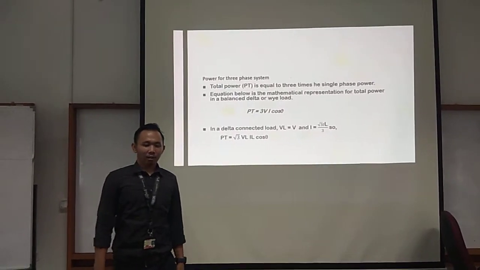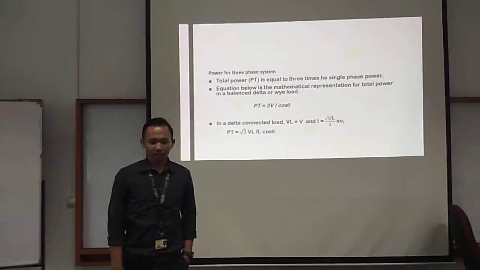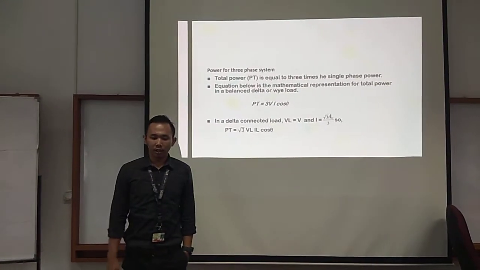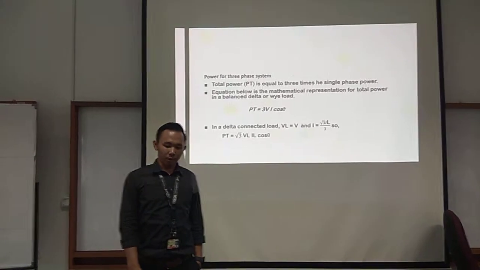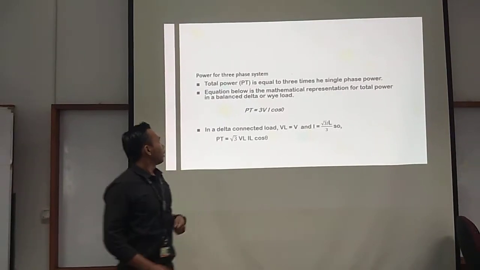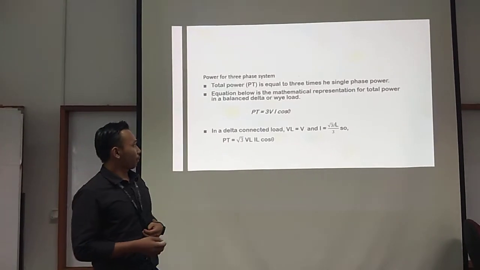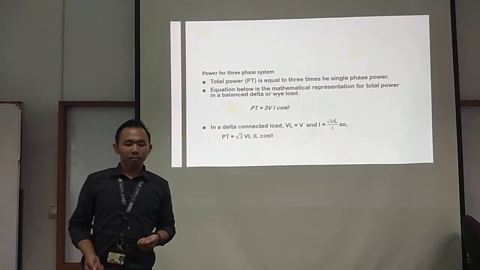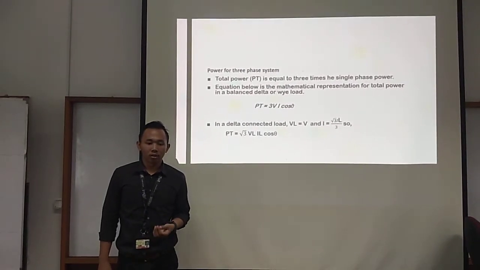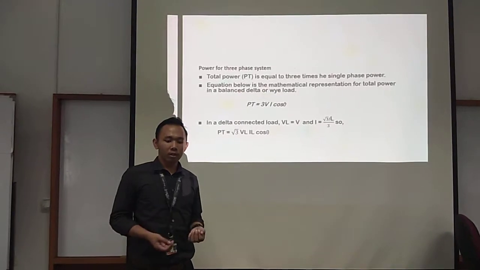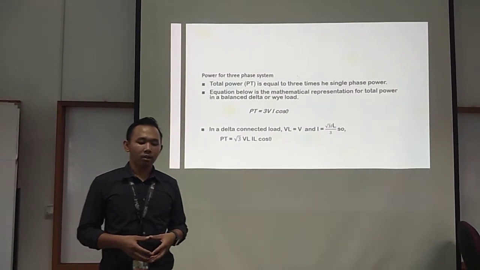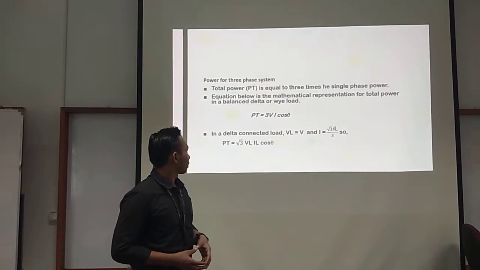Power of three-phase system. Total power is equal to 3 times the single-phase power, and the equation below is the mathematical representation for the total power in a balanced delta or Y load. So total power equals 3 V I cos theta.